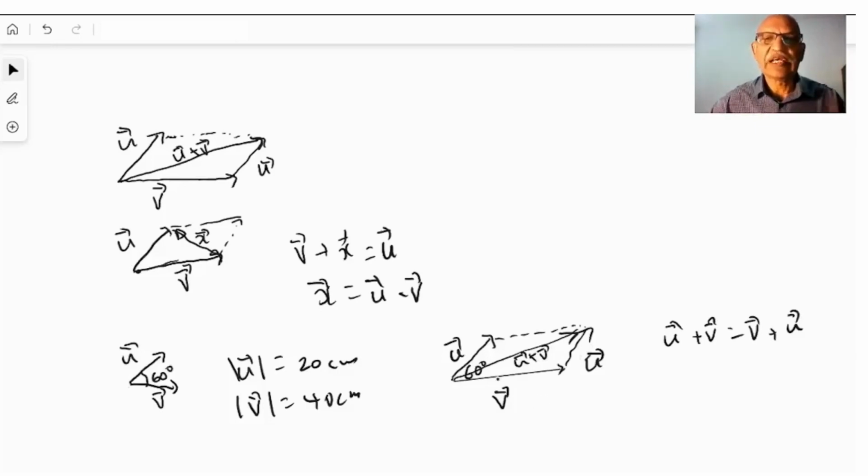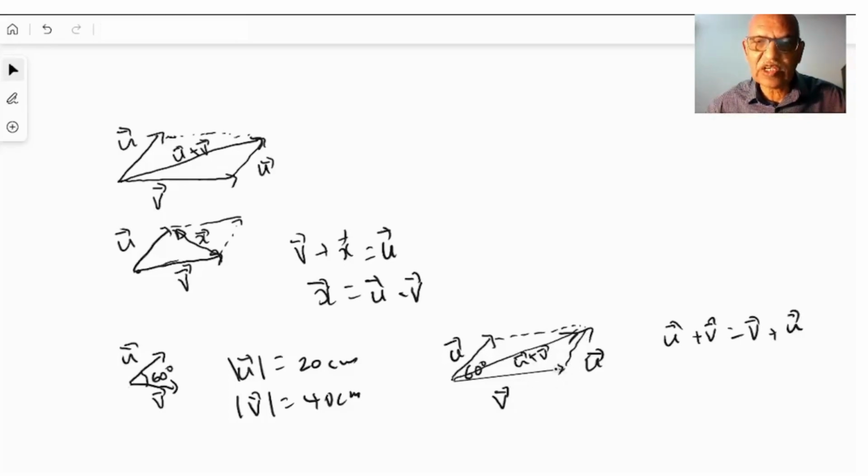Okay, so now this vector does not divide this angle into two equal parts because u and v are not equal. So this is not 30 degrees, and this is not 30 degrees. The first thing we should do is find the magnitude of u plus v. To find it, we always use the cosine law.